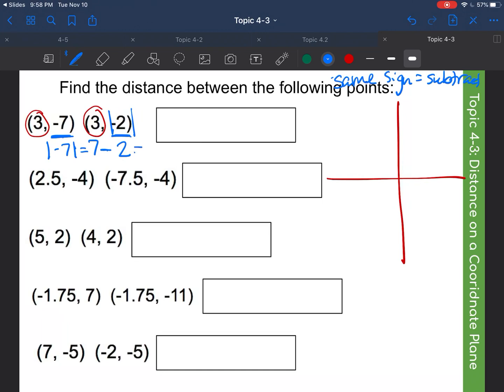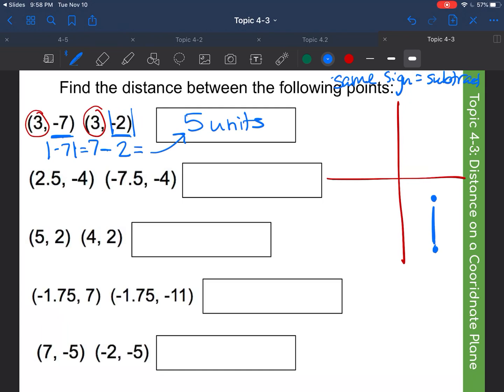So 7 minus 2, 5 units. Okay, and that makes sense. If we were to sketch this on this coordinate plane, over 3 down negative 7, over 3 down negative 2, they're in the same quadrant. Okay, so if they're in the same quadrant, you're going to subtract to get that distance.